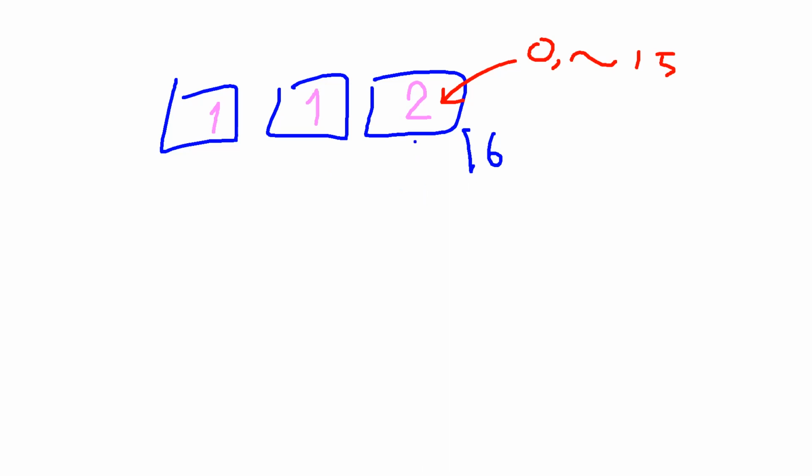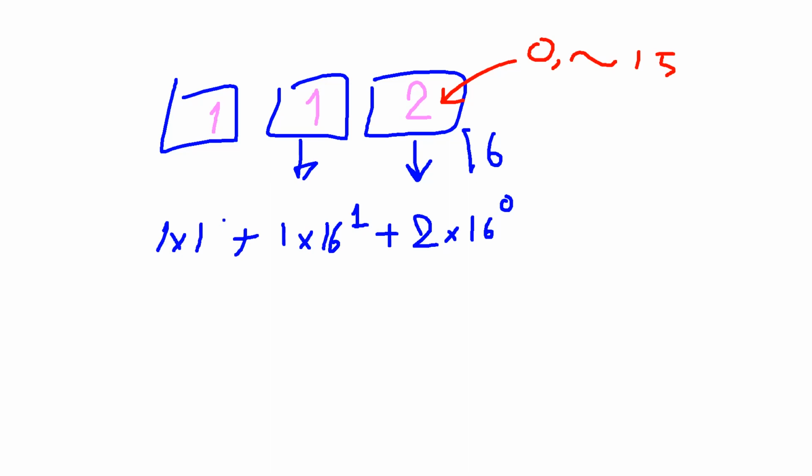Yes, you can, right? You can write it as 2 multiplied by 16 to the power of 0, plus 1 multiplied by 16 to the power of 1, plus 1 multiplied by 16 to the power of 2, right? Then you can calculate the value. And how about this one?